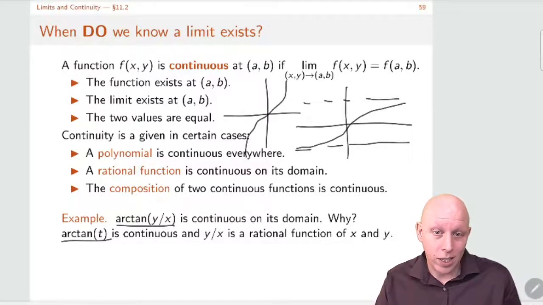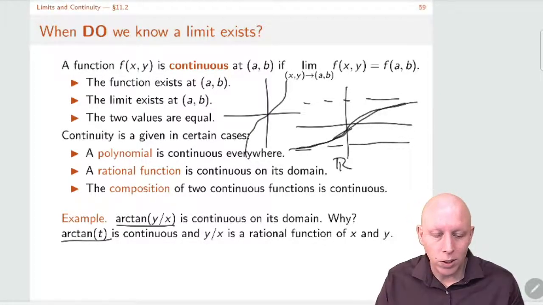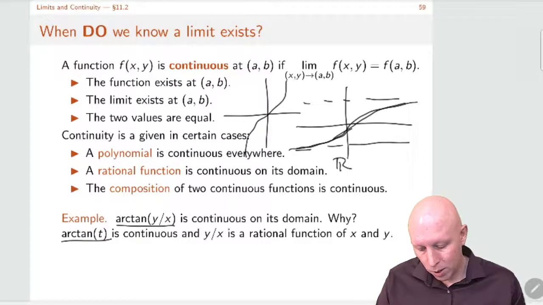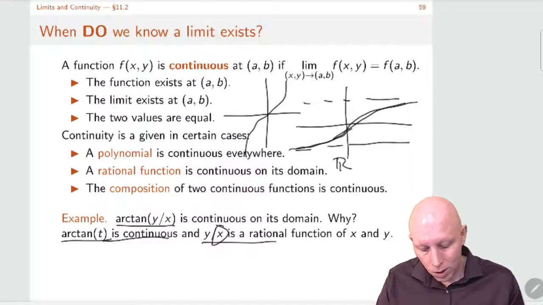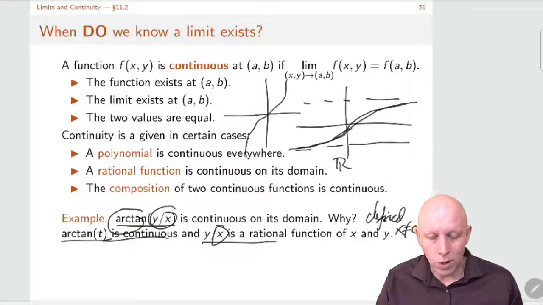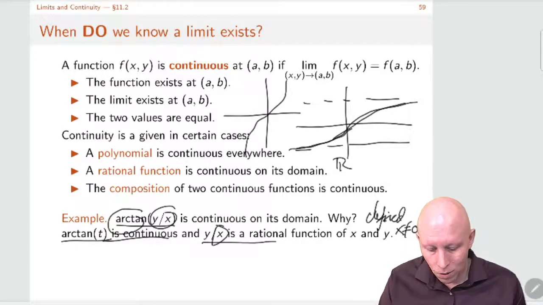And so arctan is defined on all real numbers, and it's a continuous function. And then y over x is a rational function of x and y. And it's defined where x is not equal to 0. And so if we took the arctangent of this rational function, it's going to be continuous everywhere that x is not equal to 0.